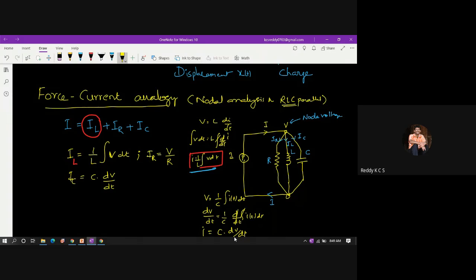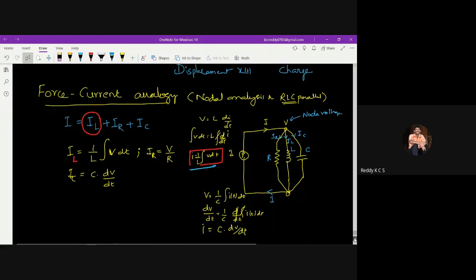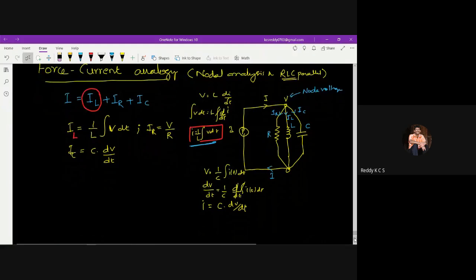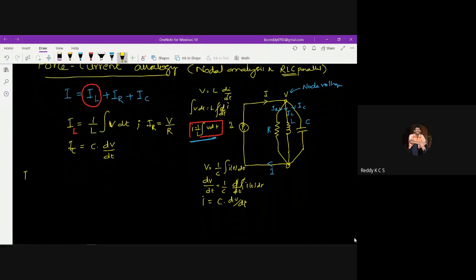So from these equations, I can find all the currents passing through the three elements. Now I can write the total current in the circuit as 1 by L integral of V dt plus V by R plus C into dV by dt.